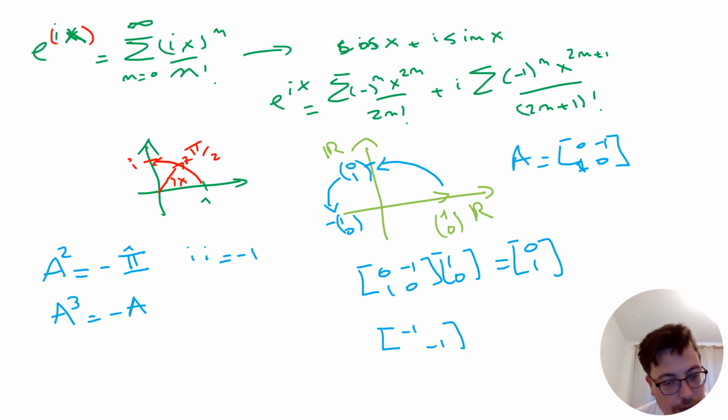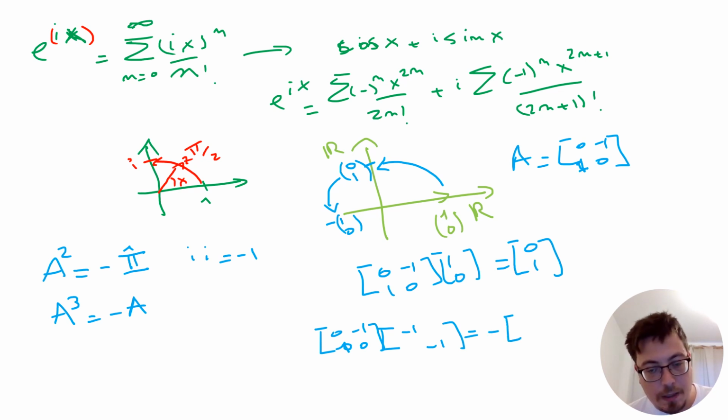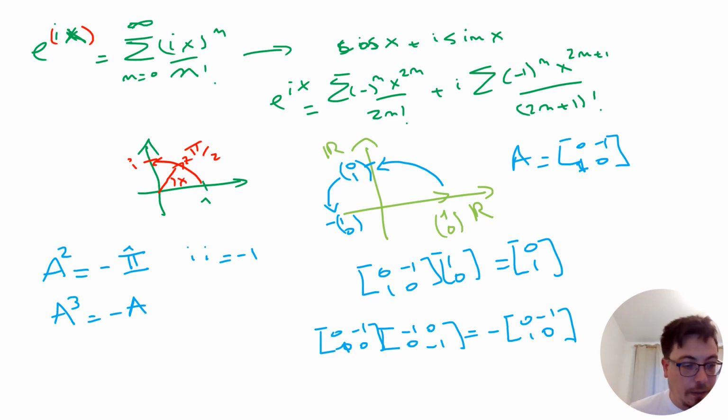But if we multiply it another time by the same matrix A, we get exactly the matrix (0, 1; -1, 0), which is minus A. We can do the multiplication, and we can get this equation here.